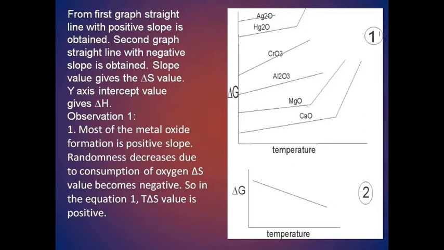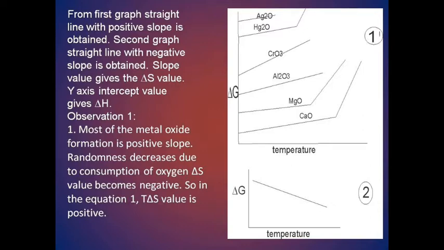First observation: in all metal oxide formation the slope is positive, that means whenever the temperature increases the delta G value also increases. The decrease in randomness we are getting is because oxygen gas is consumed by the metal, so that we get the metal oxide.